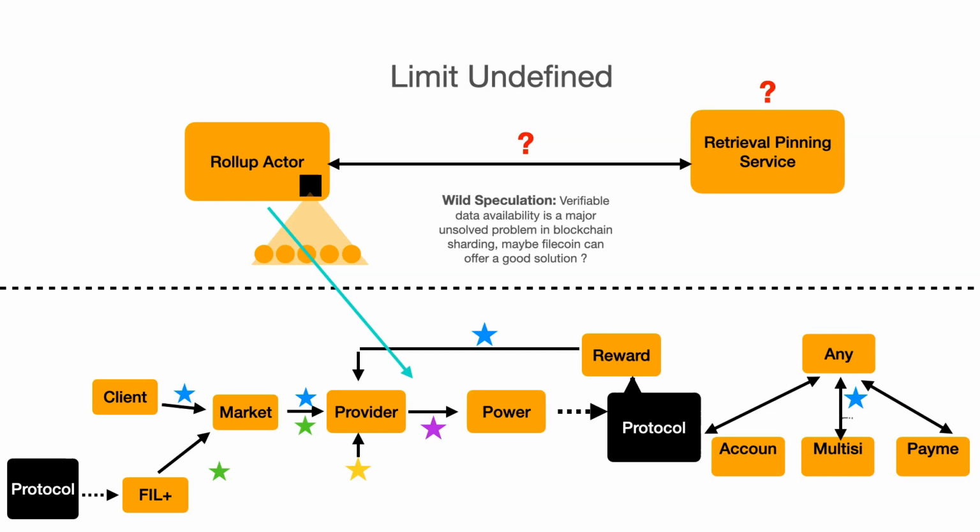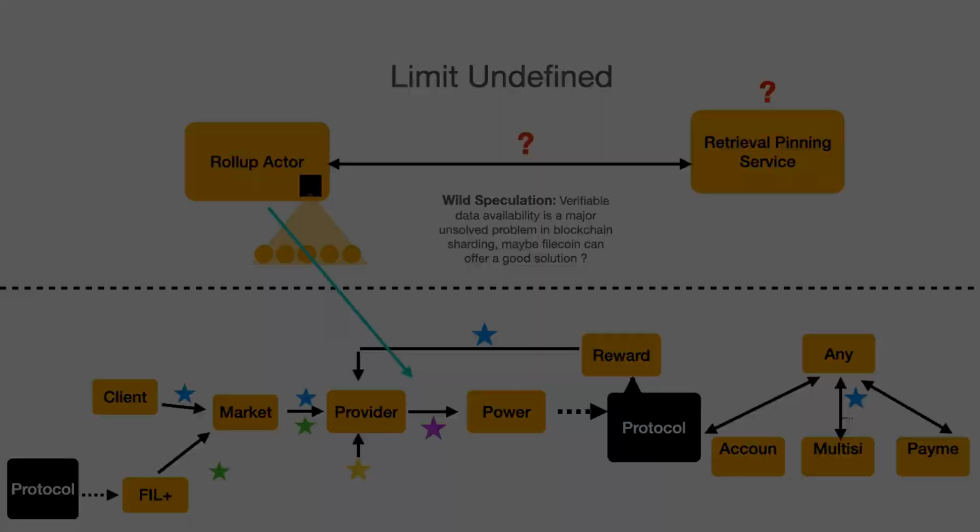So big question mark: maybe you could throw these two things together, and maybe we could have a really good starting answer to a major problem, which is blockchain sharding. And there are many other paths you can take, which is why I'm excited about the FVM. I'm excited about actors rolling into the future, and I think you should be too.